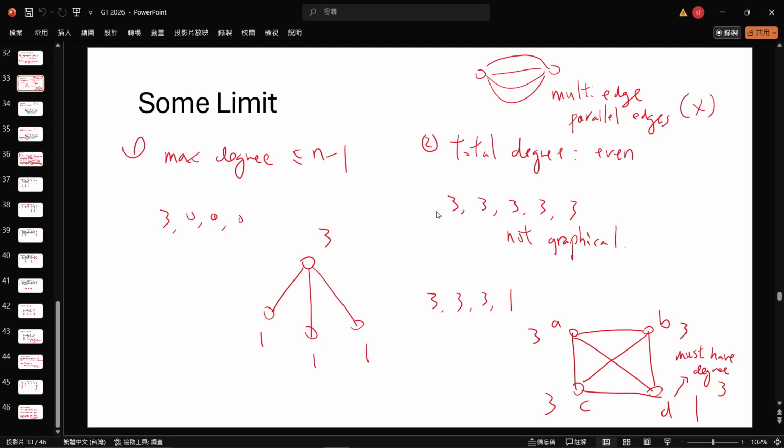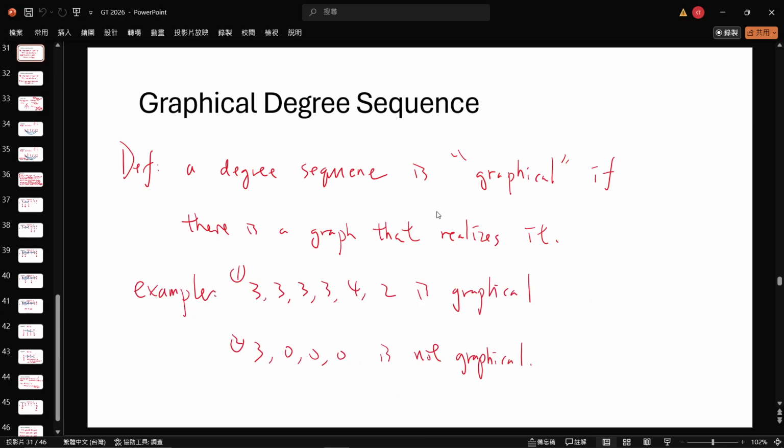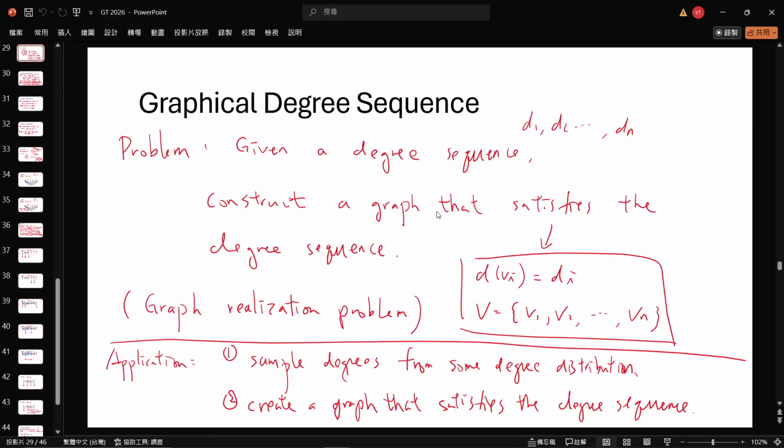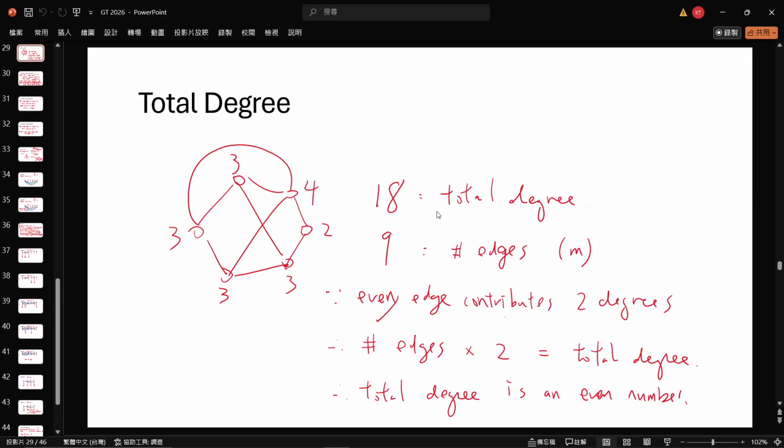And there are degree sequences like this where the total degree is not even. In this case, this cannot be graphical either because the total degree must be an even number. There's a very simple relationship between the total degree and the total edges: the total degree is just twice the number of edges.